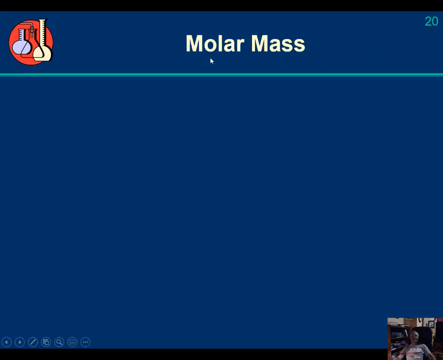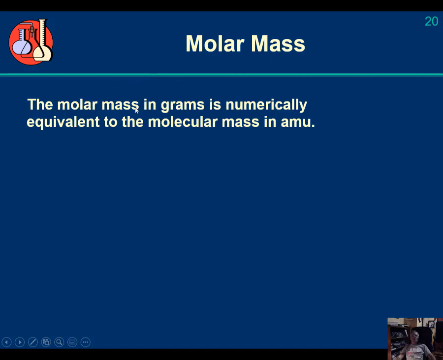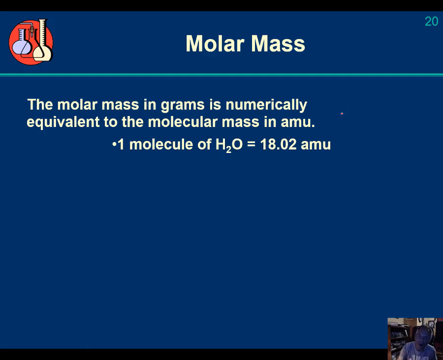Molar mass. Here we go. So the molar mass in grams is numerically equivalent to the molecular mass in AMU. So 1 molecule of water is equal to 18.02 AMU. So if I have just one discrete unit of good old H2O, 2 parts hydrogen, 1 part oxygen, it weighs 18.02 AMU.